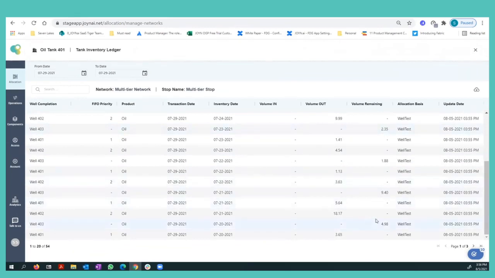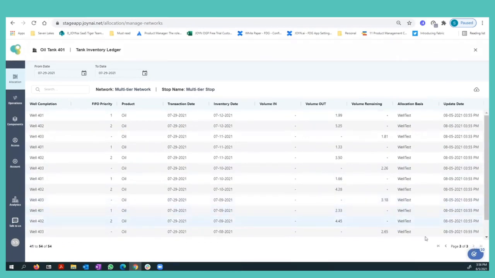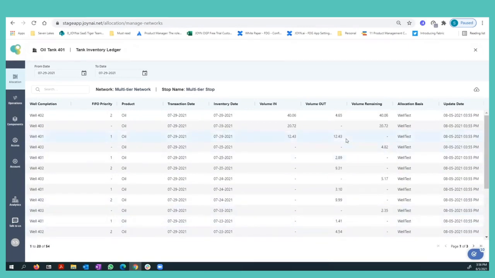So that's where you would see 403's older inventory staying back as remaining inventory because 1 and 2 are being drawn out first. And even in the case of 1 and 2, finally you would notice that 1 actually got drawn out completely and 2 only got drawn out partially because 1 has the higher priority in the FIFO override.